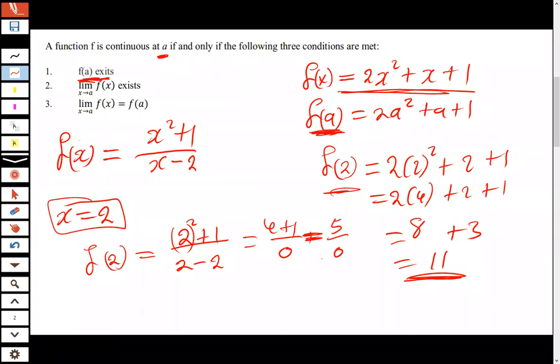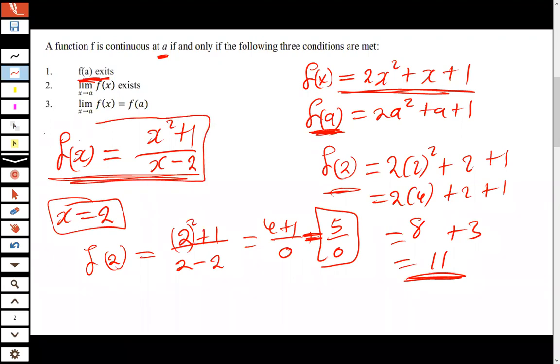Any number divided by 0 is undefined. So this implies that f of 2 does not exist in this case. If this is the function that we were given, we can just end here on the first step and conclude that since f of A does not exist, the function is not continuous at A.